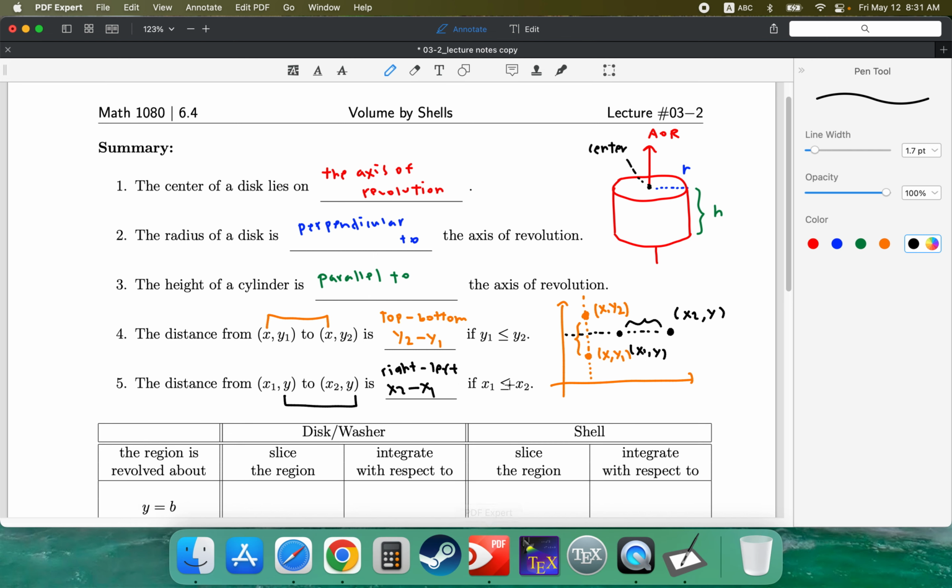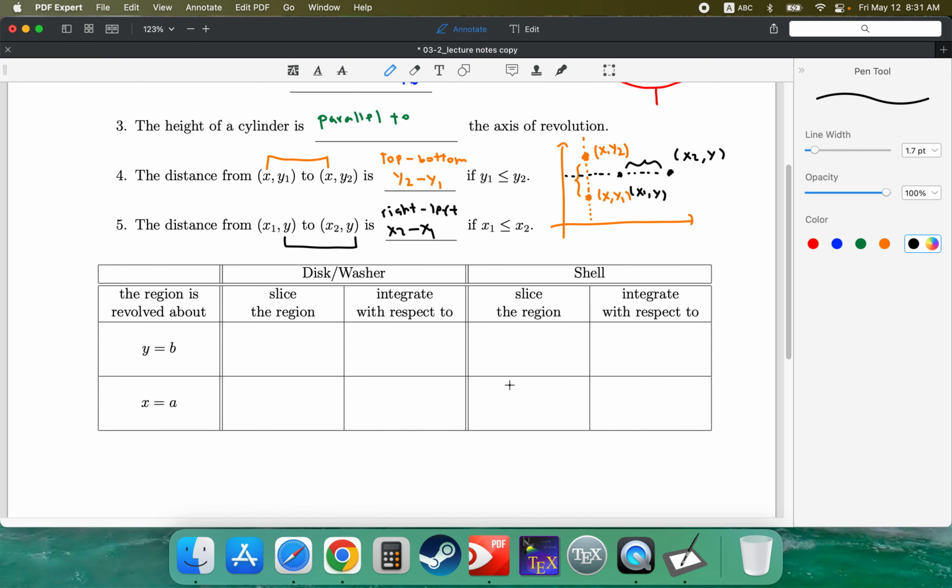So here we have a table, so let's take a look at this together. We want to rotate about the line y equals b, and notice that y equals b represents all horizontal lines, including the x-axis, because the x-axis is y equals 0.